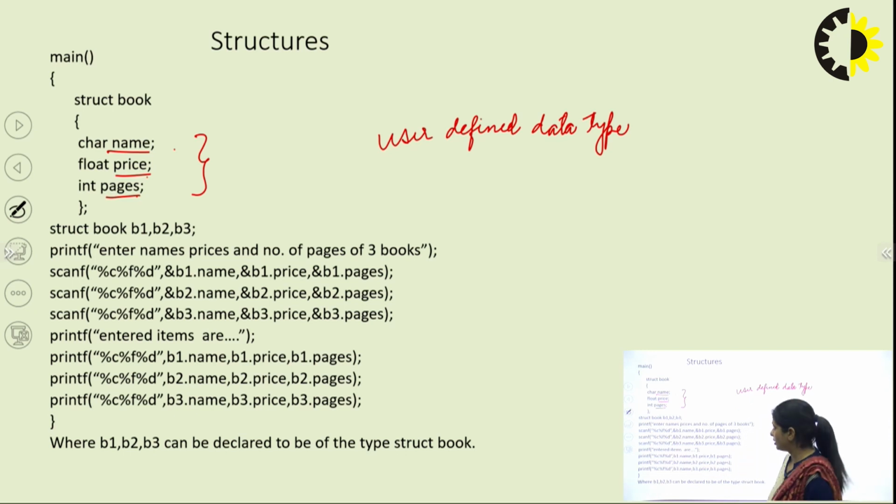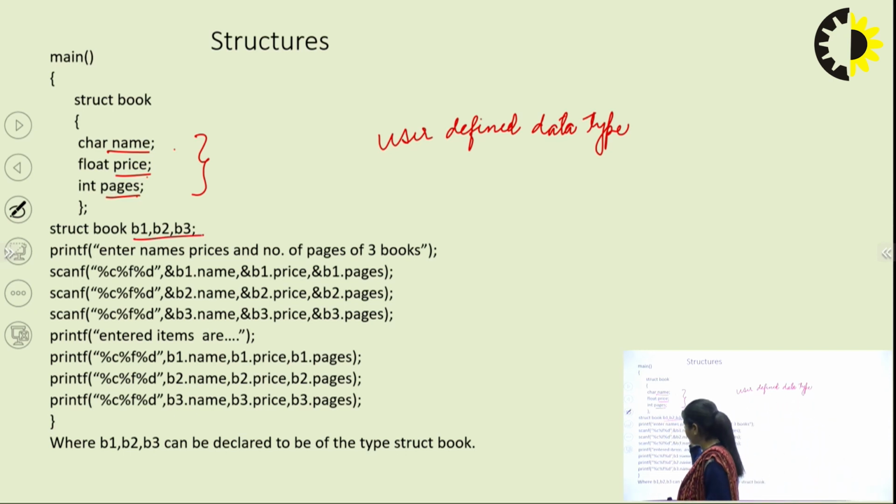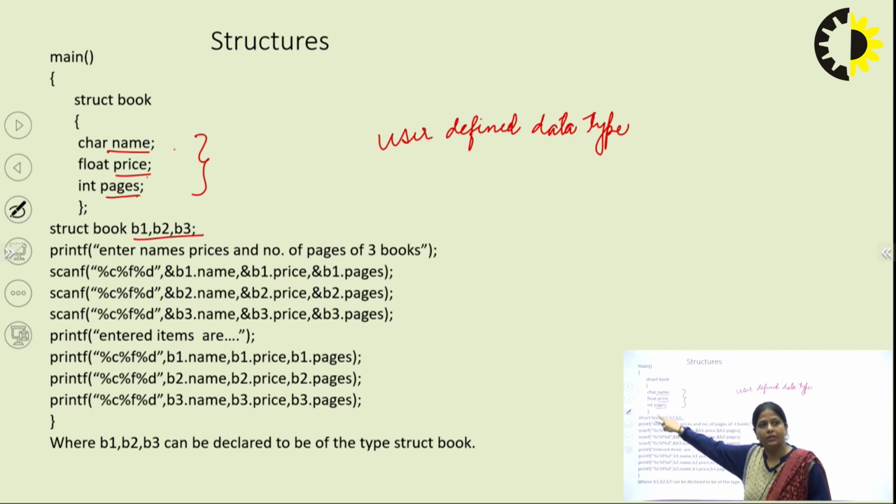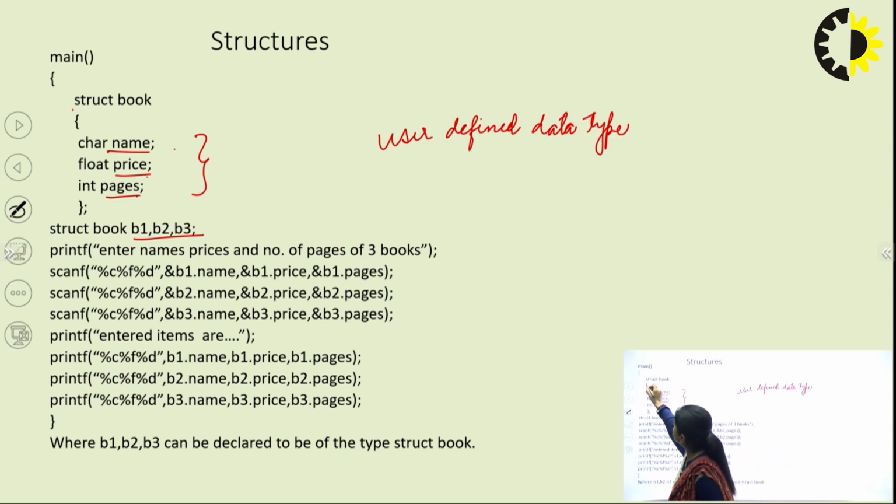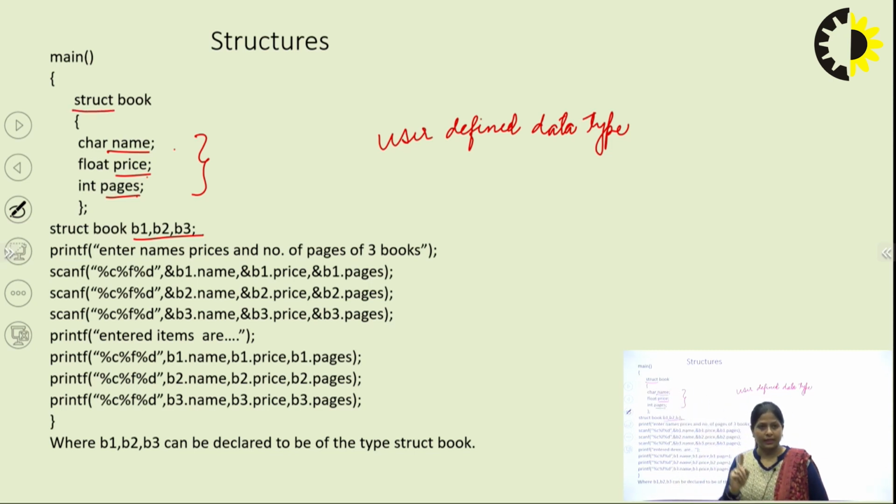Now I'm going to declare the variables of this data type. Which data type? What I have created, a structure. For that, I must use a keyword, that is struct. The struct keyword will be used.